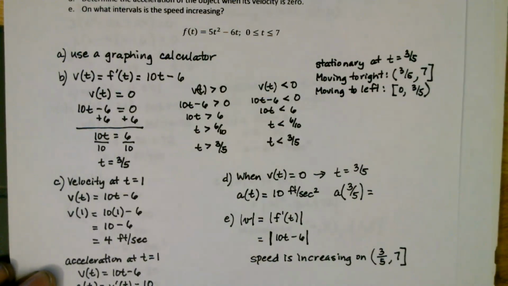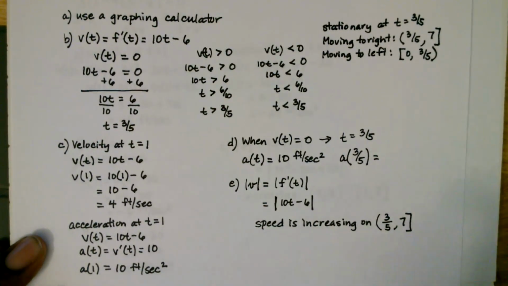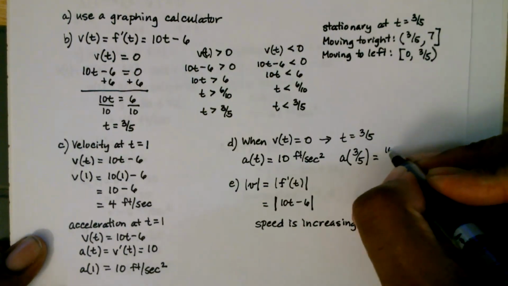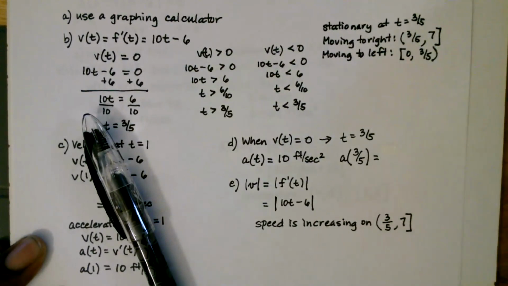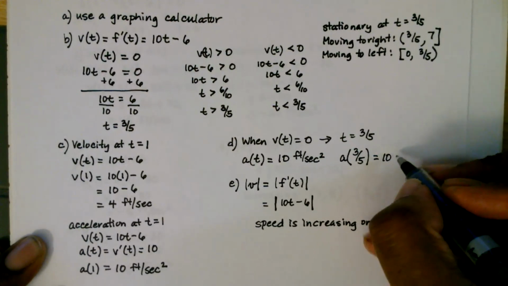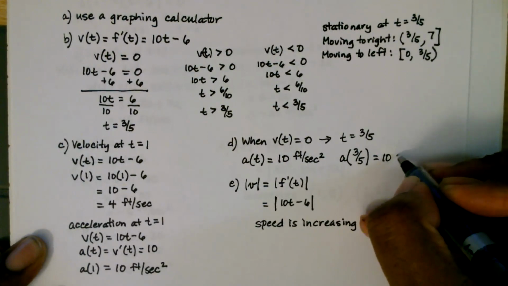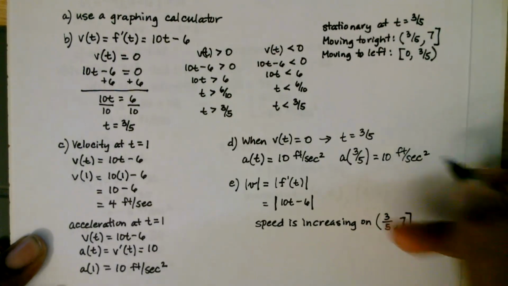So A of 3/5, well, the acceleration when we did the second derivative, it came out to be 10 feet per second squared. So the acceleration at time 3/5 of a second would be 10 feet per second squared.